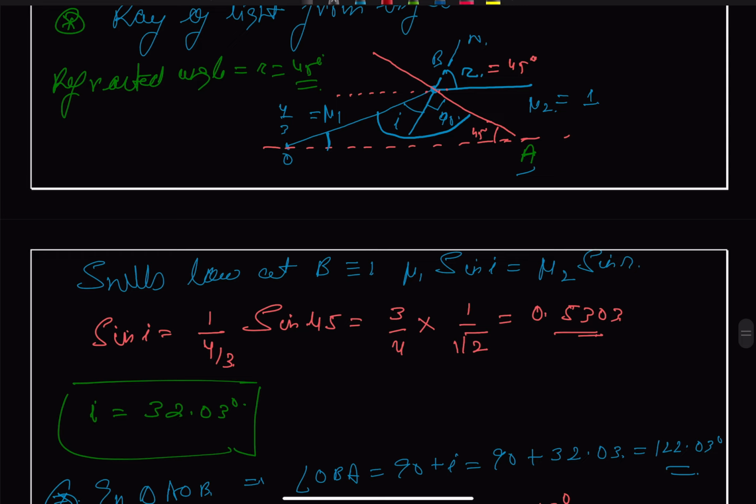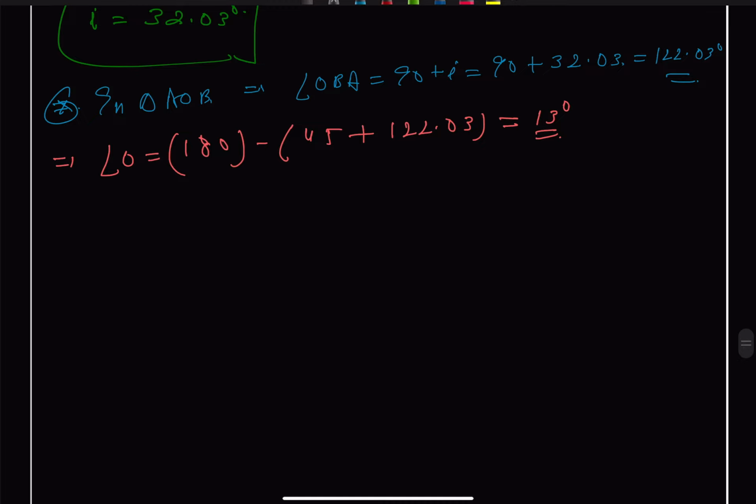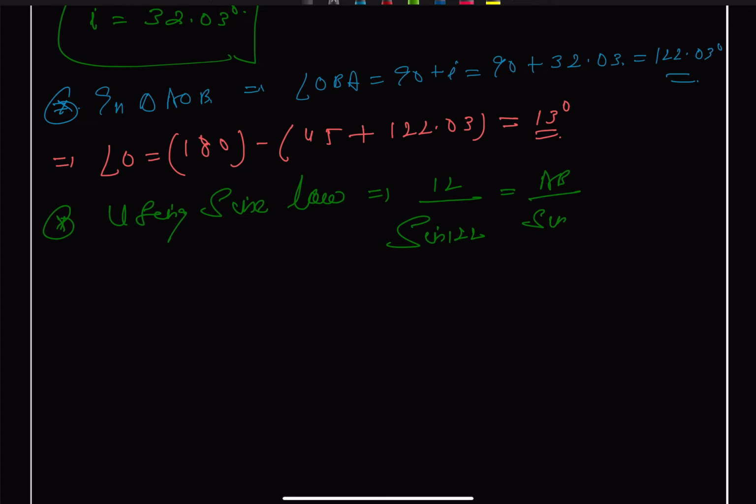This distance is given to us as 12 centimeter, and from here we can find out what will be our AB. So you can say using sine law, we can say our 12 upon sine of 122 is equal to AB upon sine of 13.